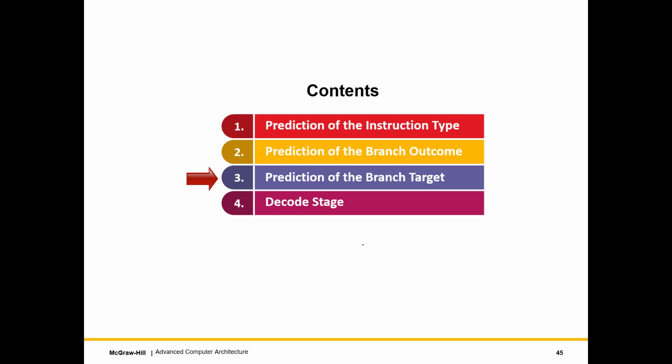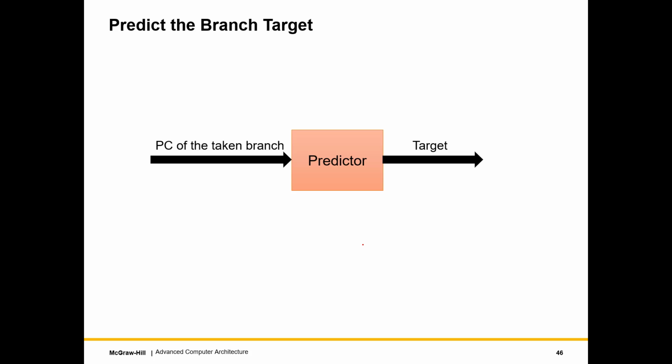Alright, so we have looked at predicting the branch outcome, which is arguably the most complex part of this design. The next is prediction of the branch target. This is easy. Given the PC of the taken branch, we need to find the target.